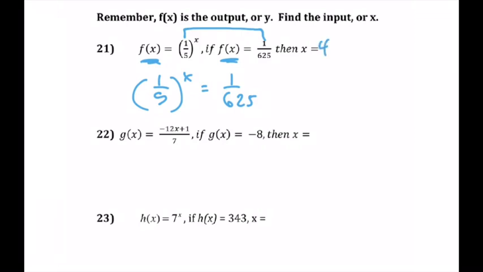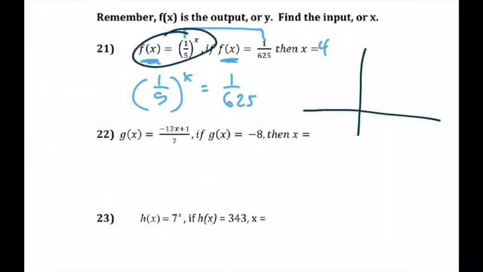Now, by the way, you guys, that means that at the point 4, 1 over 625, that's where these two graphs are going to meet up. This is a system of equations. If I graph this equation, 1/5 to the x power, that is an exponential decay. If this is 1 and it's going down like this, that's what that one looks like.